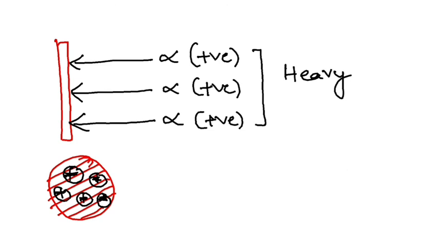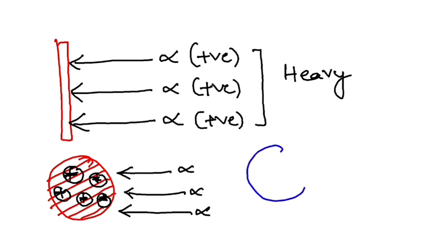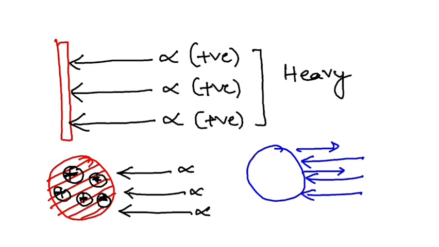If I bombard this with alpha particles, let's try to understand the theory here. The entire sphere is made up of positive. Alpha particles are also positive. Similar charges repel each other, so after striking the sphere, alpha particles should come back, isn't it? Because positives and positives should repel each other.